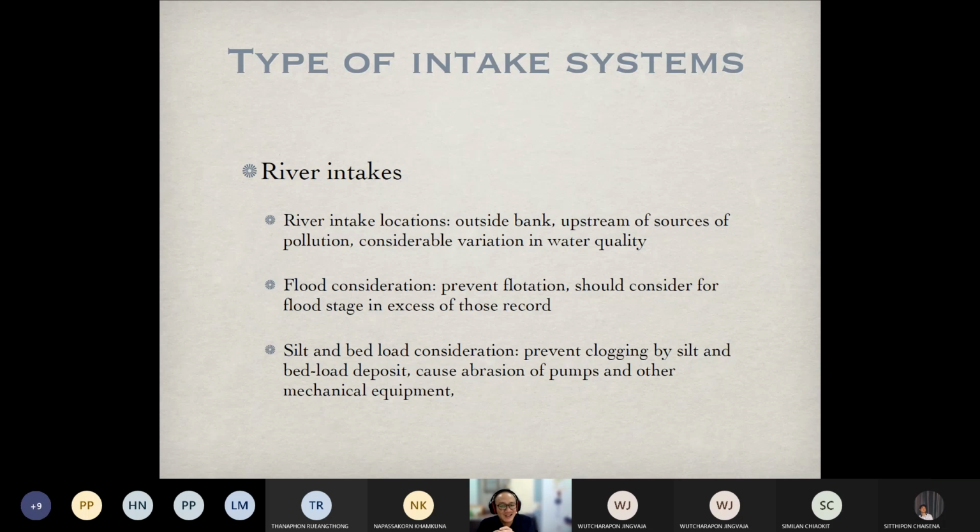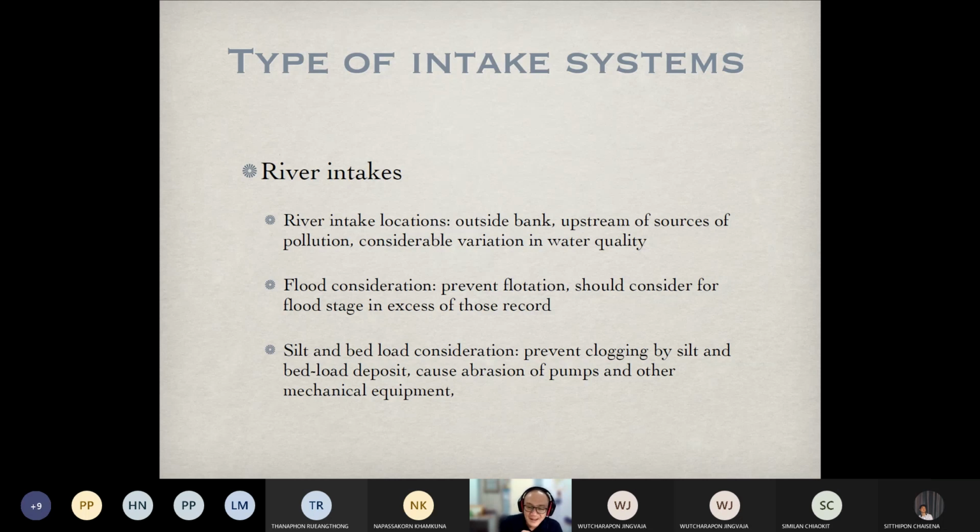Flood considerations. We need to prevent flotation, as the buoyancy force is acting on our structure. So we should make it heavier, or at least balance the buoyancy force with other types of weight. We should consider flood stages in excess of those on record, because floods sometimes cannot be predicted, but the river intake facilities should be able to handle whatever the flood stage.